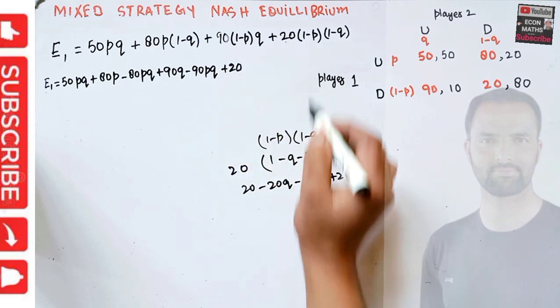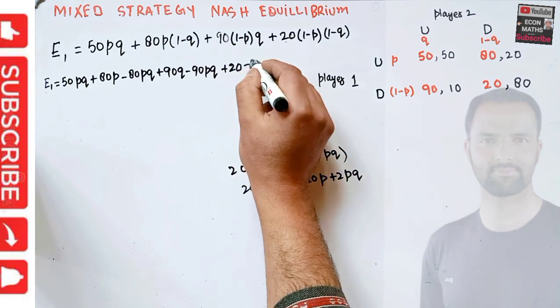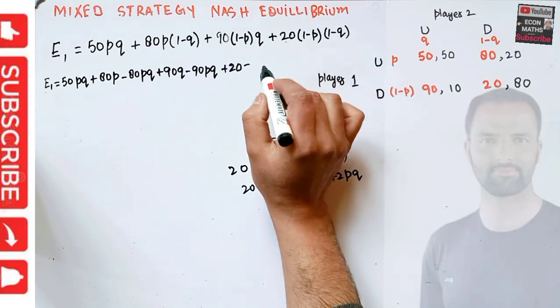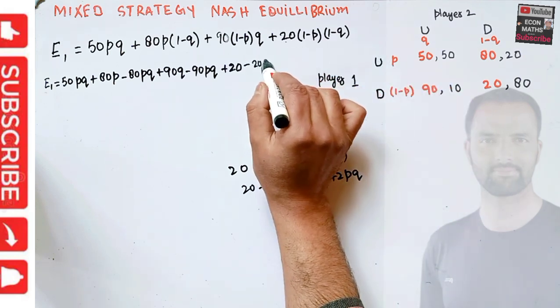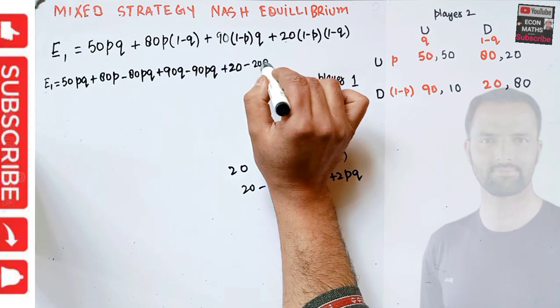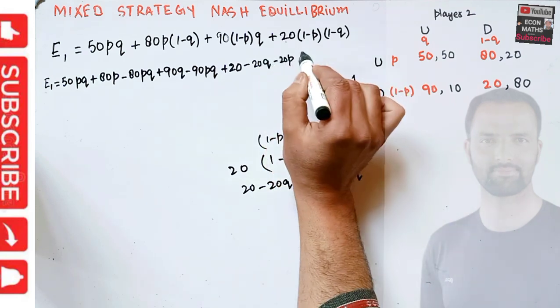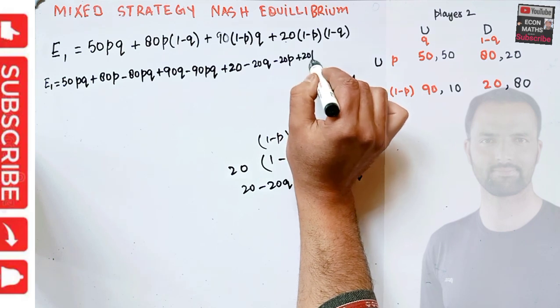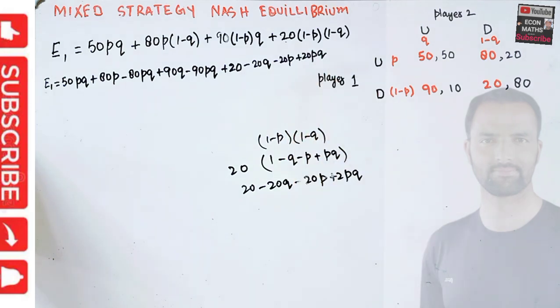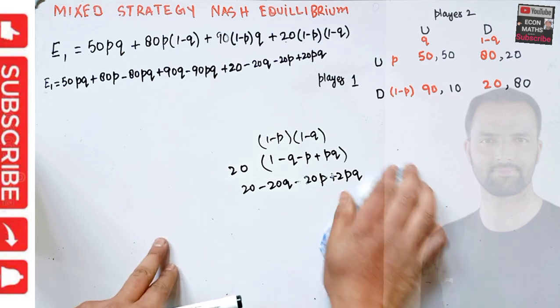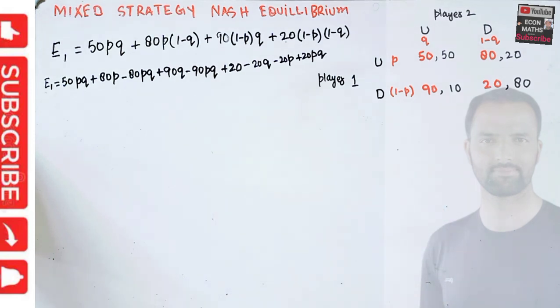So in place of this, I can write 20 minus 20q minus 20p plus 20pq. I'm just calculating the expected payoff that player 1 will get.